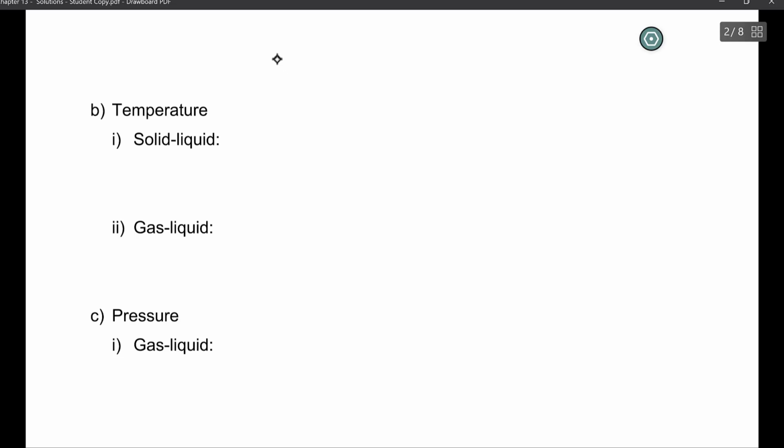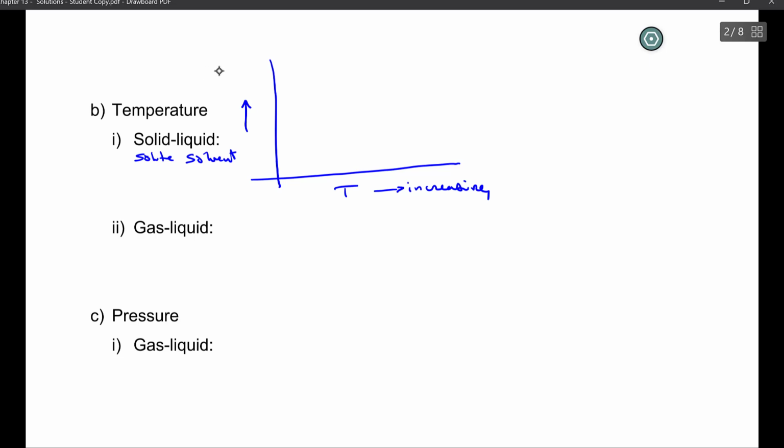So if you have a solid in a liquid, okay, this is the solute and this is the solvent, and then you have temperature going in this direction, increasing temperature going to the right, and then we have solubility going in this direction, so solubility. Remember, solubility is the amount of material that you can get dissolved into a given amount of solvent.